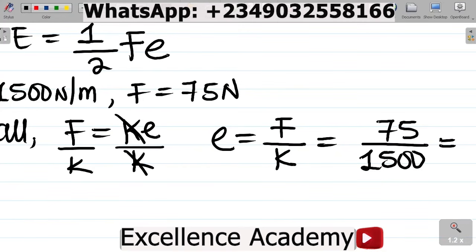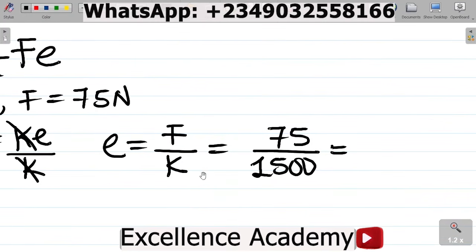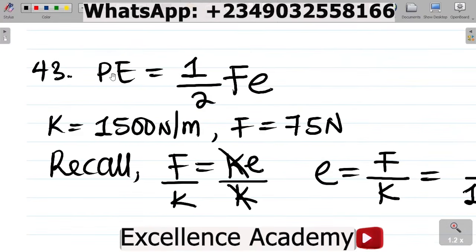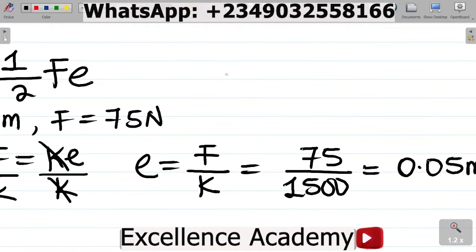If we do this, 75 over 1500, that's about 0.05. So I have this as 0.05. Extension is in meters.